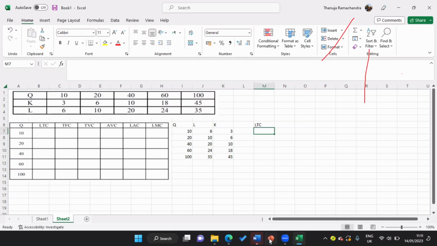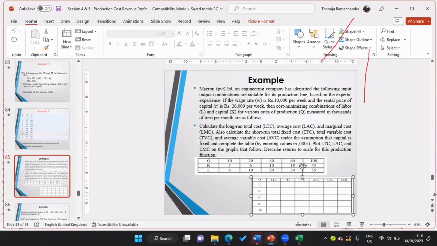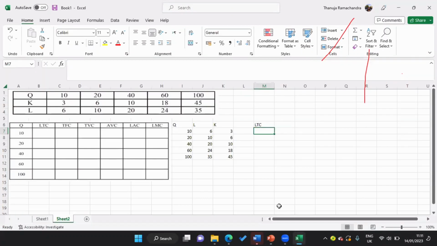It's given 10,000 plus 20,000 rent. It's per week, no? Yes, it's per week. So we don't have to multiply by 4 because usually they give the weekly rent. But this quantity is for monthly, right?